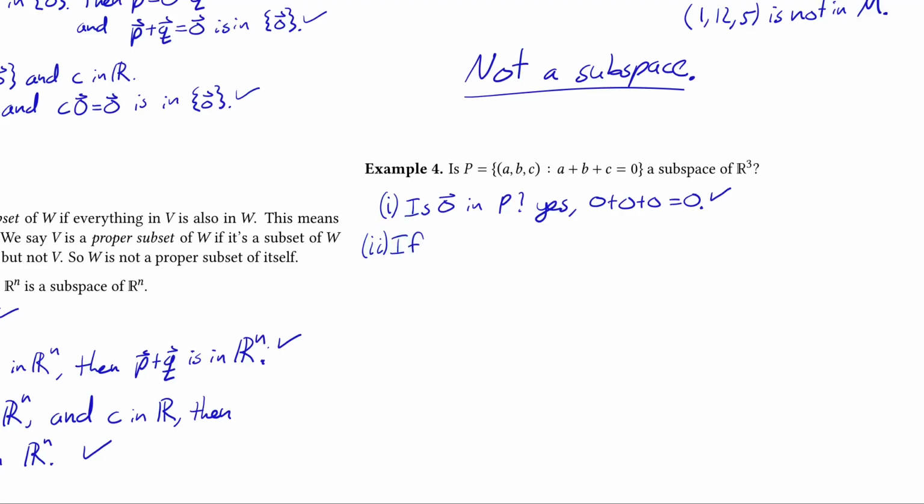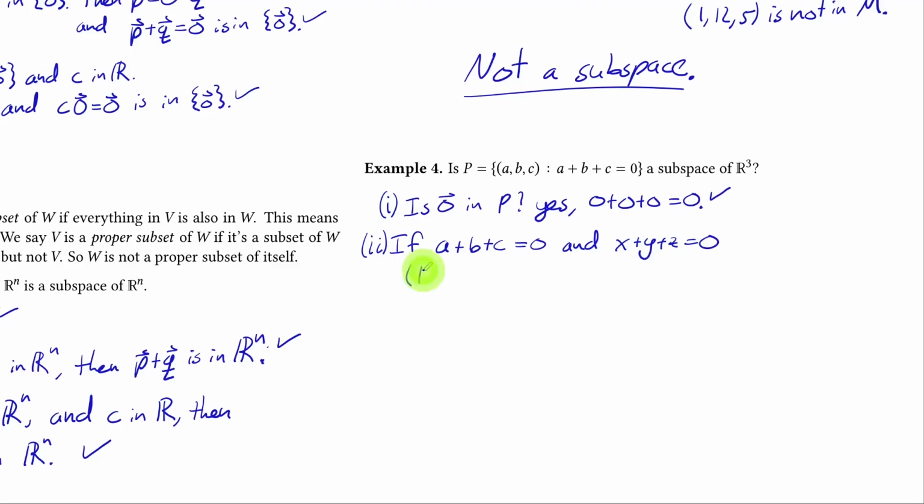So if we have A, B, C, and X, Y, Z that are in P, so in other words, if A plus B plus C equals 0, and X plus Y plus Z equals 0, that means we have two vectors that are in P. Does that guarantee that their sum is also in P?